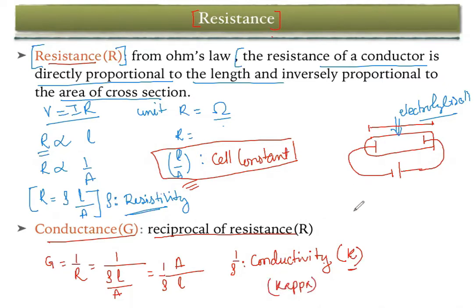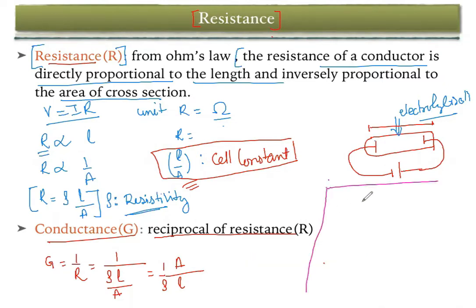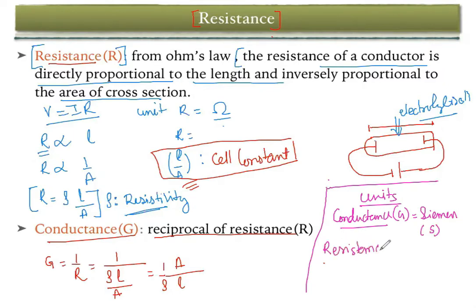Now we'll discuss the units. The unit of conductance is Siemens, or in short form we write only S. The unit of resistance is ohm.